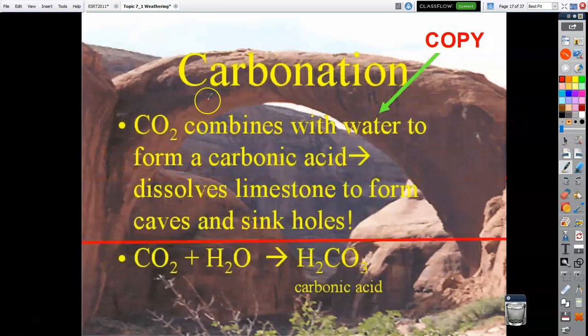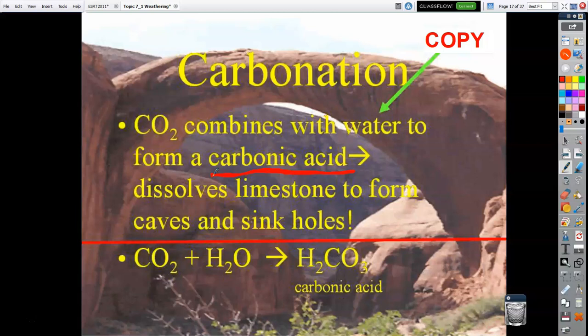And then carbonation. The video talked about rain mixing with carbon dioxide in the ground from decayed plants or the carbon dioxide that's in the air. That water with carbon dioxide makes a carbonic acid, which, if you remember from your rocks and minerals, the mineral calcite, where you drop a little hydrochloric acid on it, will bubble.